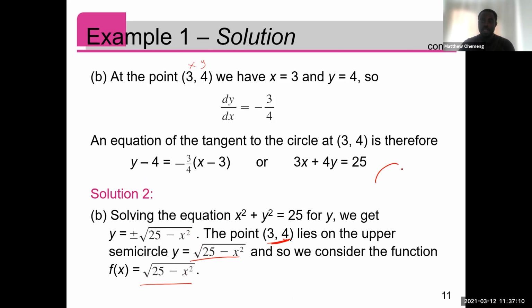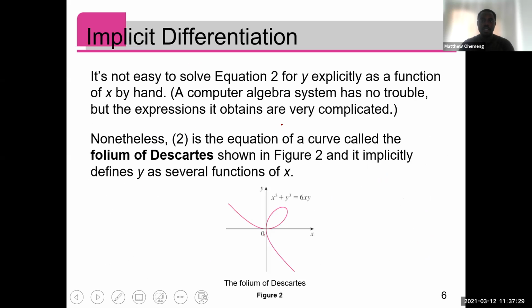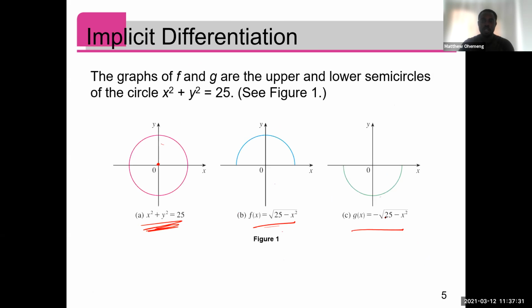Remember that when we split x squared plus y squared equals 25, you got one part, which represents the square root of 25 minus x squared, and the other part represents the negative square root of 25 minus x squared. I hope you remember, way back here. When we split this up, we got these two.